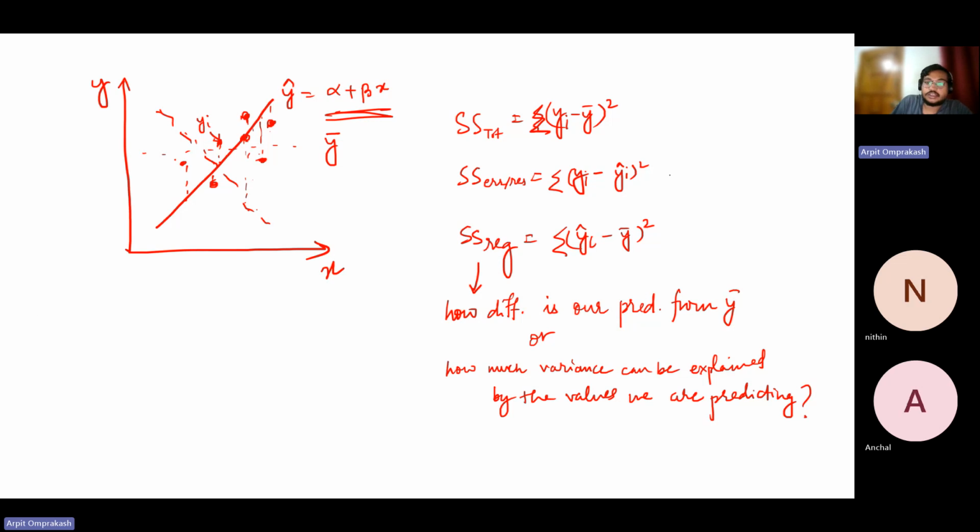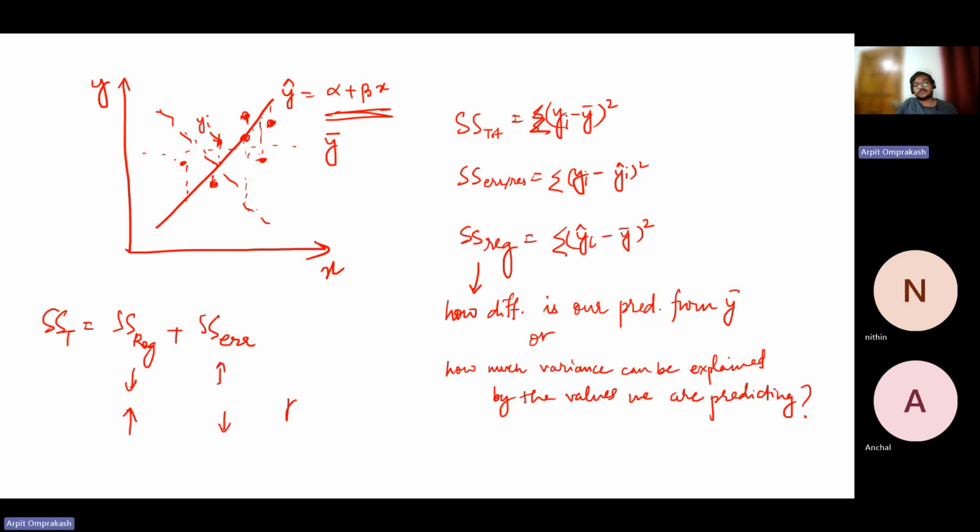So basically, the relationship we have here is SS total is equal to SS regression plus SS error. Right. So if this increases, this decreases. If this increases, this decreases. That's the essence of it.